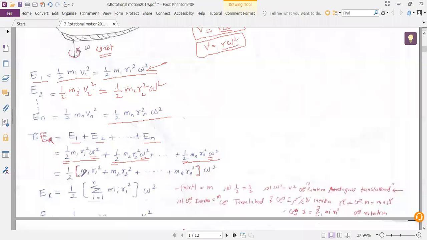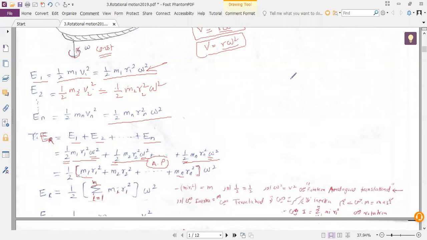Now if you see carefully, the numbers are increasing in ascending order: first m1 r1, then m2 r2, then m3 r3, then mn rn. If the numbers increase in sequence, we represent such a sum by the summation sign. This summation sign says the number starts from 1 and goes up to n. The summation sign represents the sum of terms increasing in ascending order. It starts from i equal to 1. That is why I am representing here i and r.